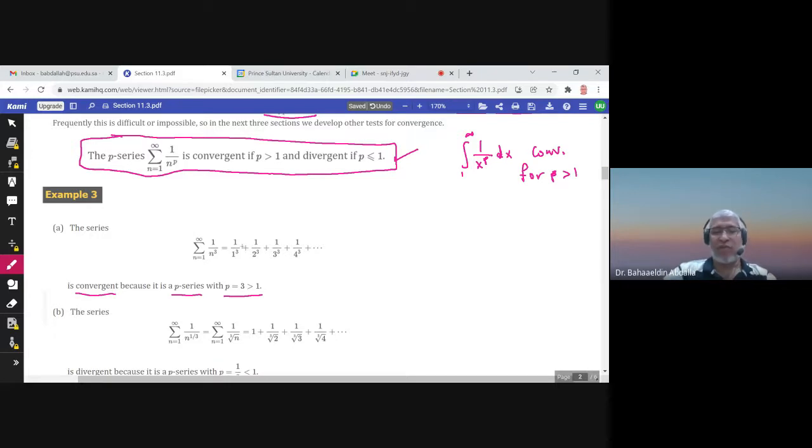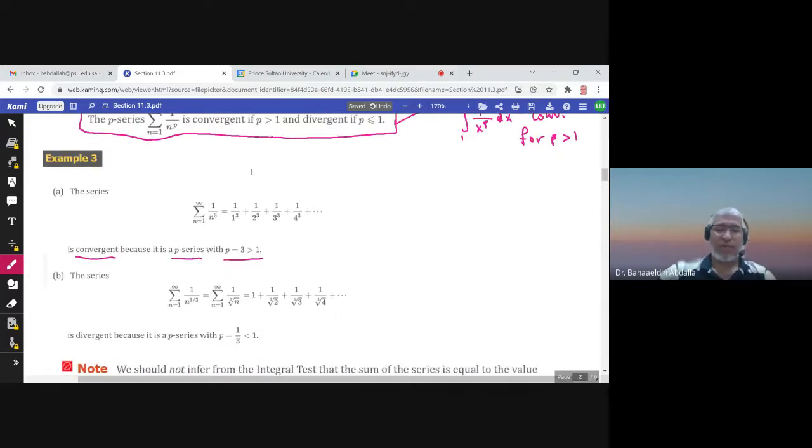You don't have to prove that it is convergent because we know how to prove it, from the improper integral from 1 to infinity of 1 over x to the power 3, and we know that the improper integral converges. So the p series converges for p greater than 1. While if I ask you about this series 1 over n to the power 1 over 3, you say that this is a p series with p equals 1 over 3 less than 1, so it is divergent.